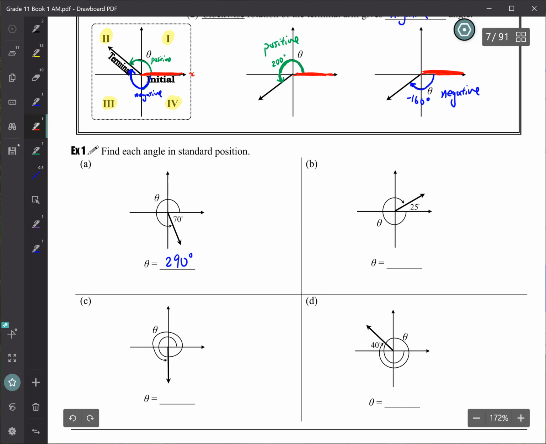So you're interested in going from initial, always from initial, turn to the terminal arm. Have you finished all four?